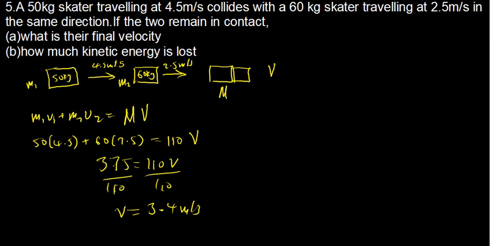So the loss in kinetic energy is given by what? The kinetic energy before impact is not going to be equal to the kinetic energy after impact, but what we need to understand is that energy before impact is equal to energy after impact. Energy is never formed nor destroyed, it can only be converted from one form to another.